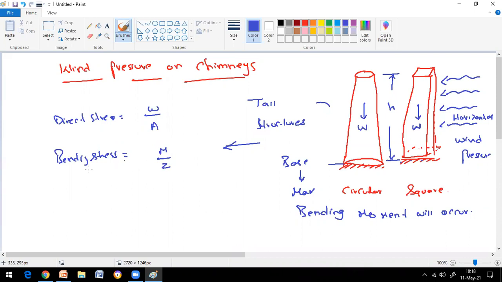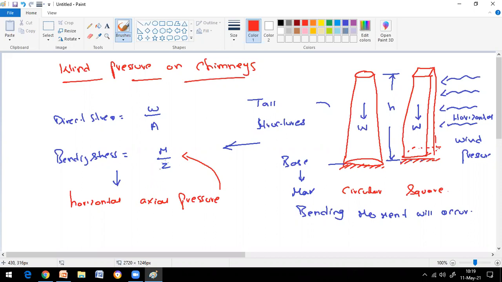This bending stress is due to the horizontal wind pressure. Here the bending moment M develops due to the horizontal wind pressure, and Z is the section modulus of the section.